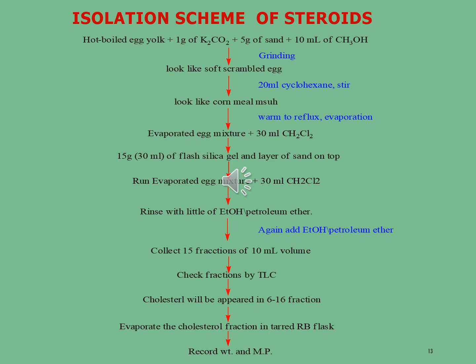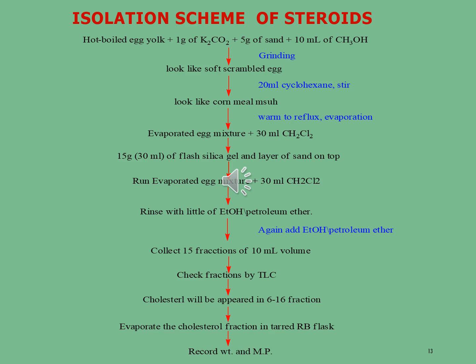Now, each fraction is subjected to thin layer chromatography for the identification of the pure compound as well as for the presence of steroid molecules. The cholesterol will be spread into fractions 6 to 16. Now, after the evaporation of the cholesterol fractions, we get the cholesterol crystals in the round bottom flask.